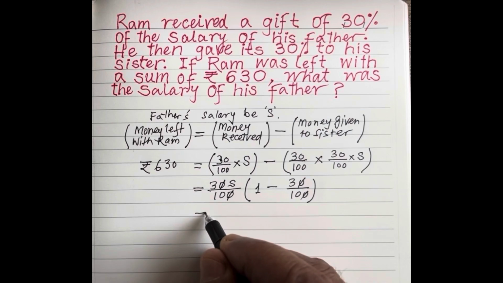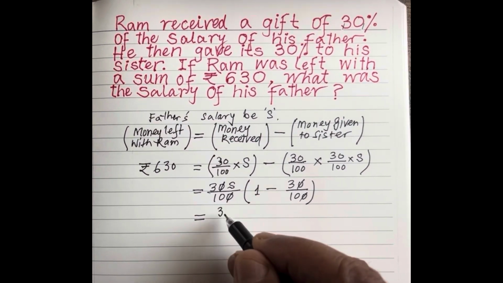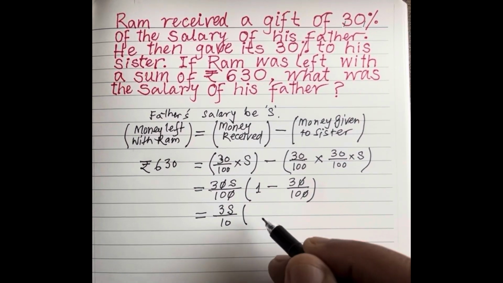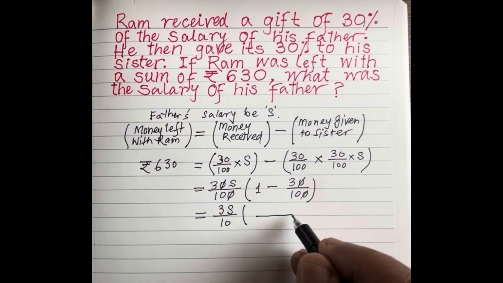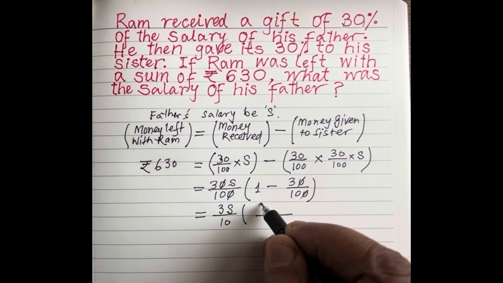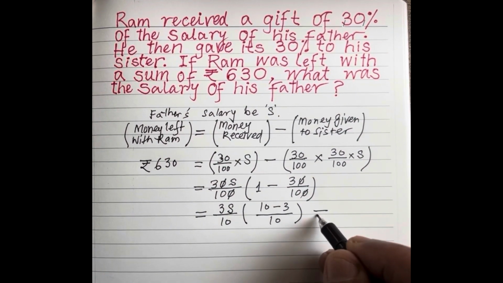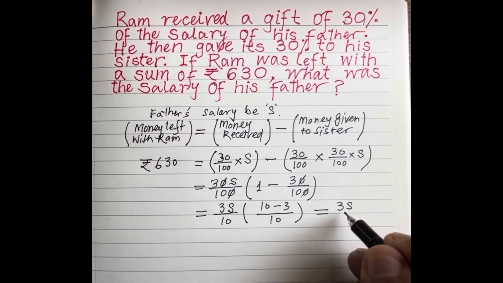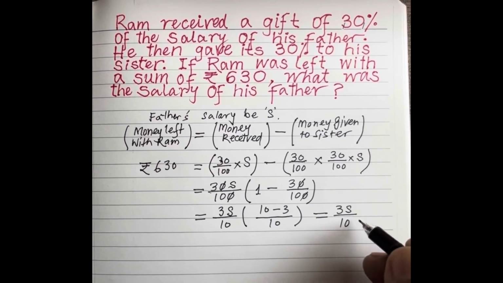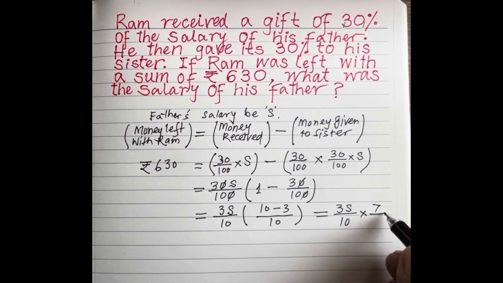So we are getting 3S over 10, and here we'll get 10 as LCM. So 10 minus 3. Alright, so this becomes 3 multiplied by S over 10, and multiplied by 10 minus 3, that is 7 over 10.